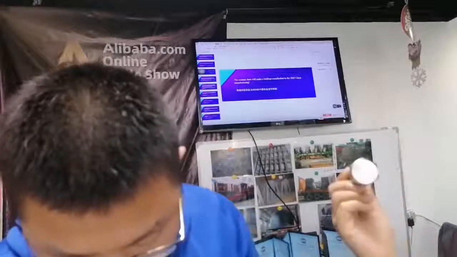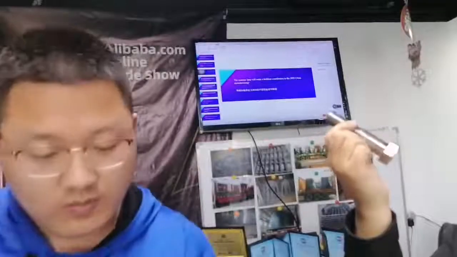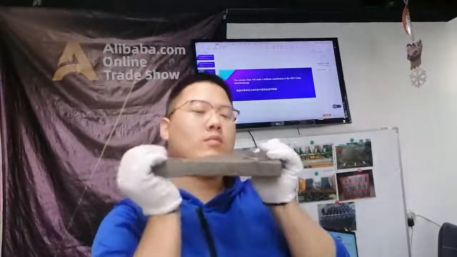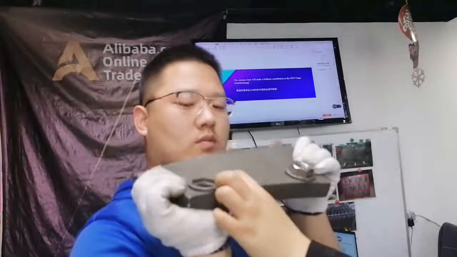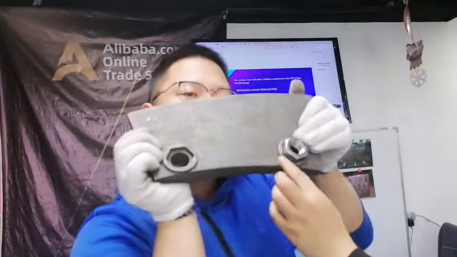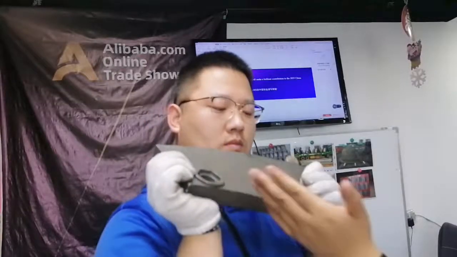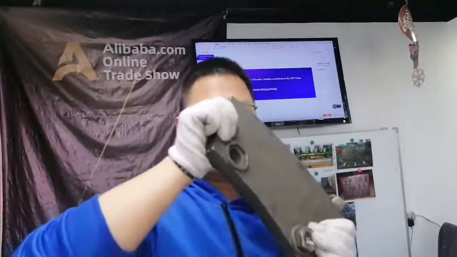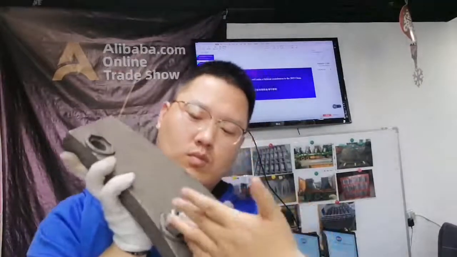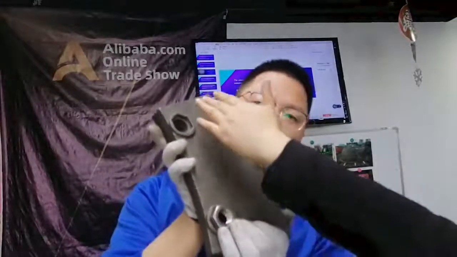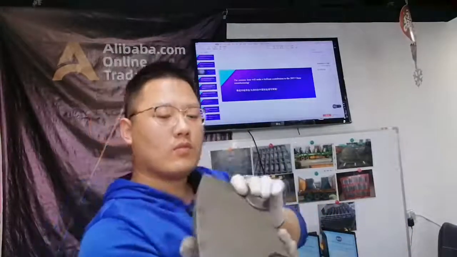Also, we will improve the bolt holes to suit our ceramic mill liner application. Because ceramic has the disadvantage of low impact resistance, we have to improve many designs about this part to suit our ceramic application.